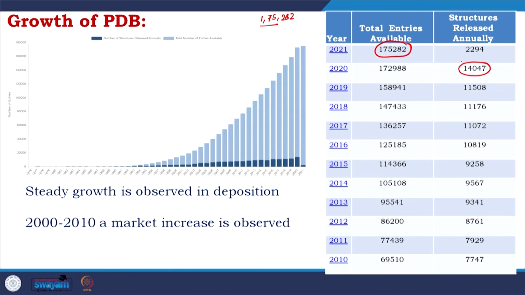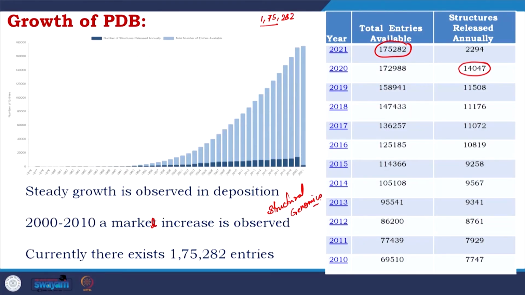So, there is a steady growth observed in the deposition of different structural entries. From 2000 to 2010, a marked increase is observed. This is because of the introduction of structural genomics, which I talked about in the X-ray crystallography part. Structural genomics came up with a lot of potential.